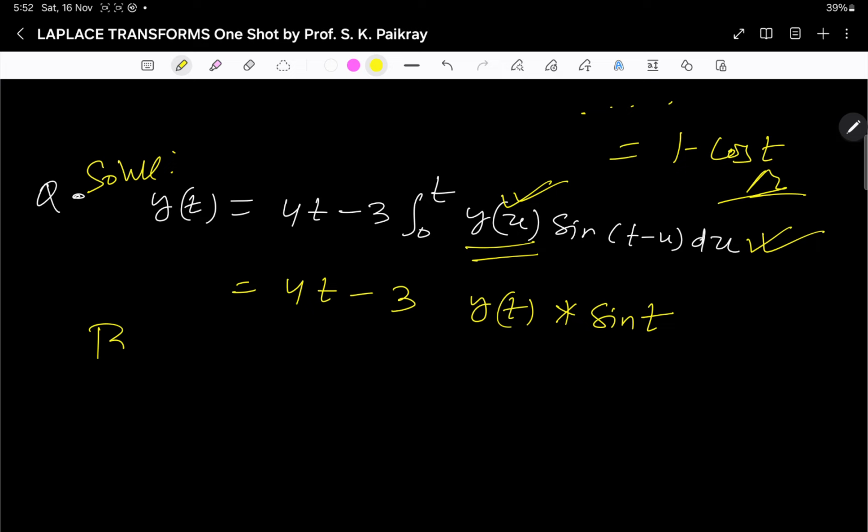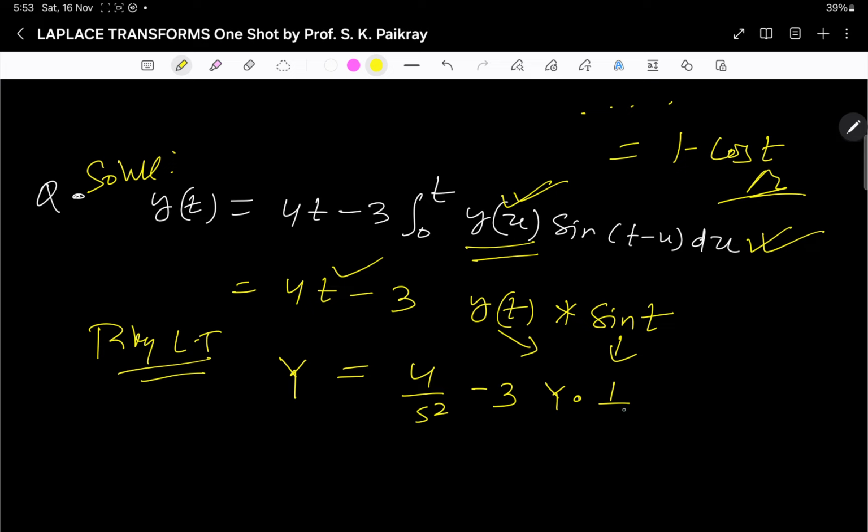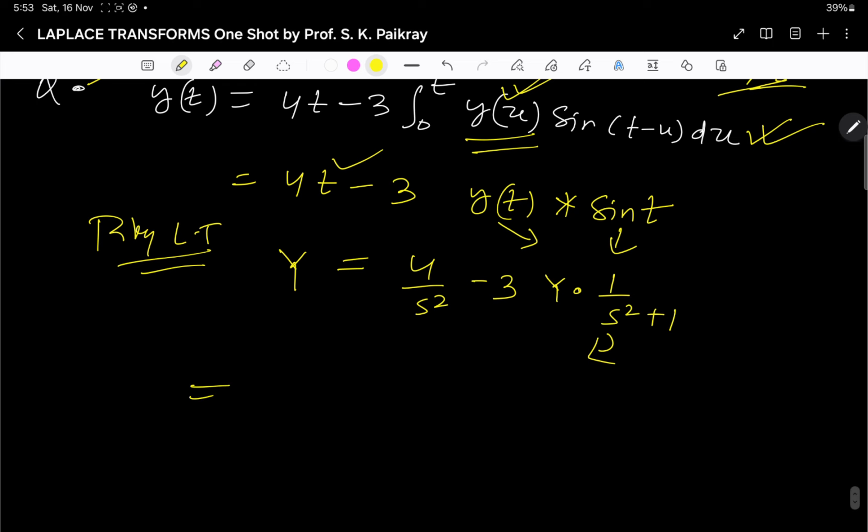On the left-hand side it is Y, and on the right-hand side it is 4 by s square minus 3, where the Laplace of y is Y and the Laplace of sin t is 1 by s square plus 1. Now bringing this to the left-hand side, Y into 1 plus 3 by s square plus 1 is equal to 4 by s square.